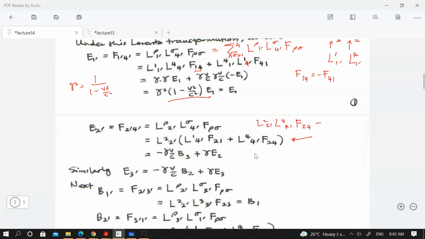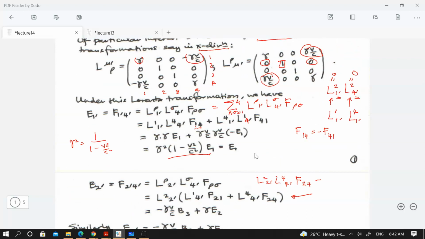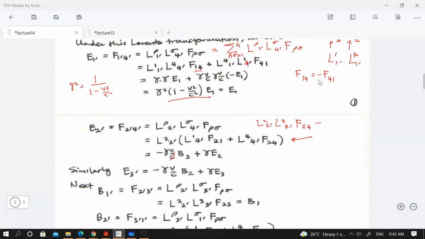Okay, but over here you find that you have E2 and also B3. So it requires a magnetic field component. Okay, and for the coefficients over here, L14 dash, if you go back up, L14 dash would be this one. So you get gamma V on C times minus B3, and then L44 dash would be gamma. Okay, so you get that.